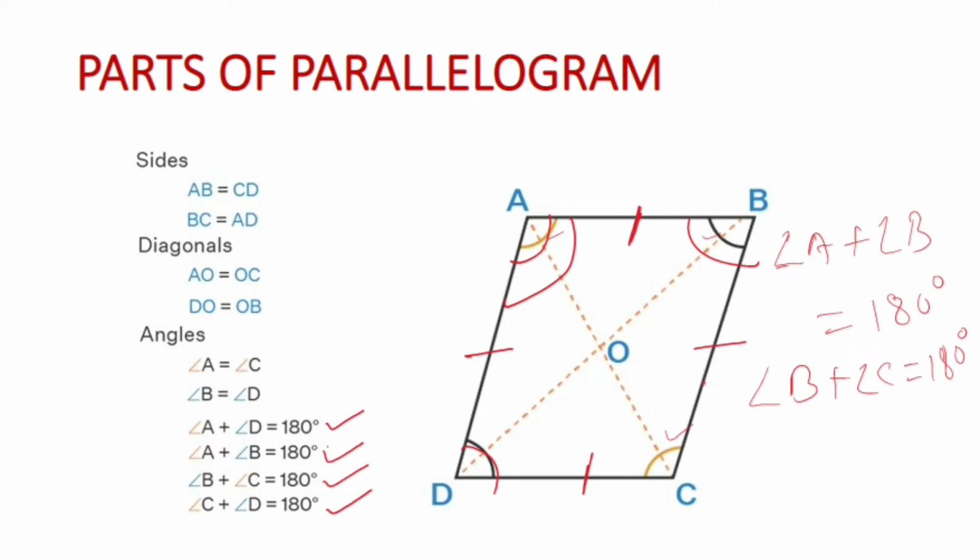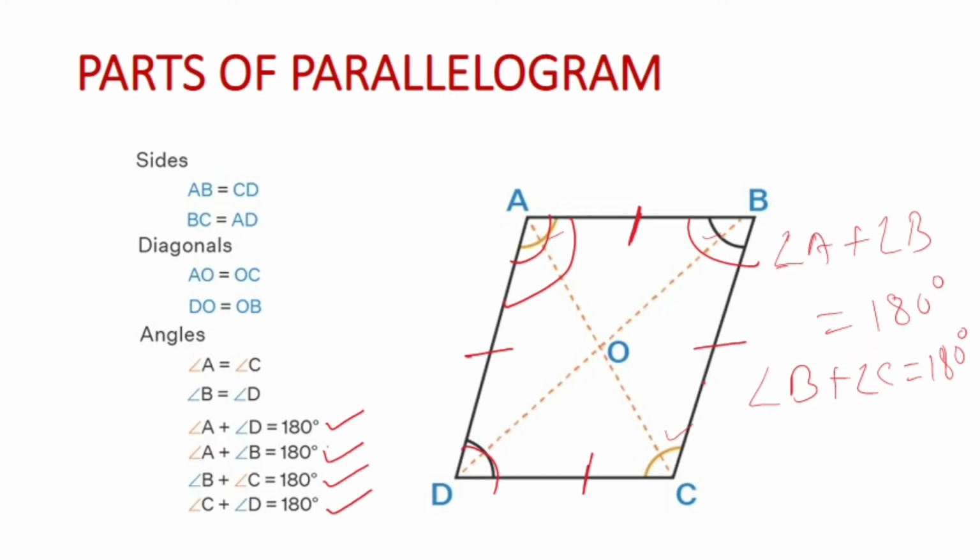Dear learners, as you know, the three different parallelograms are square, rectangle and rhombus, which are different from each other. Why? Because of their properties, yet they all come under the category of parallelogram.